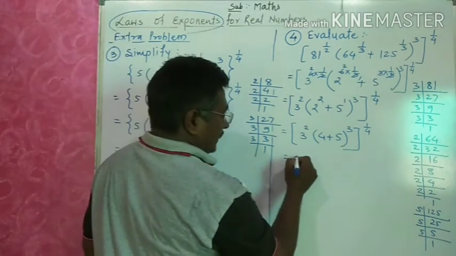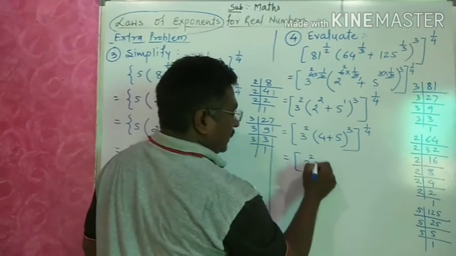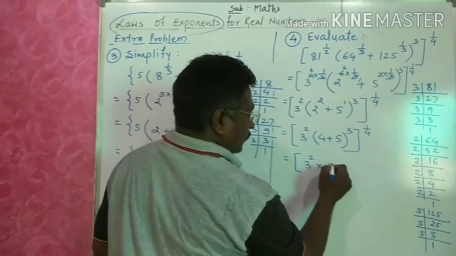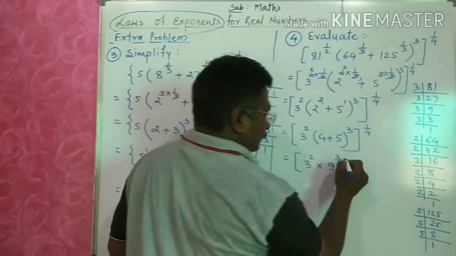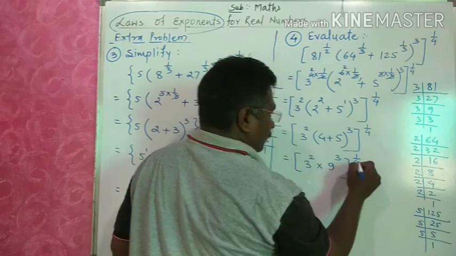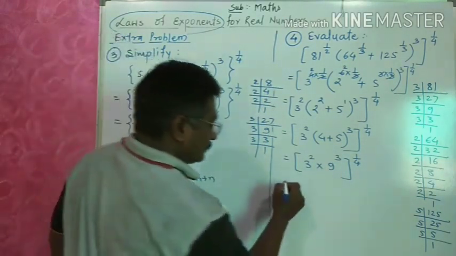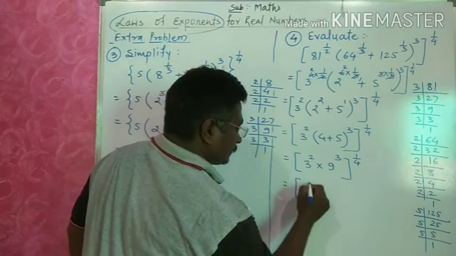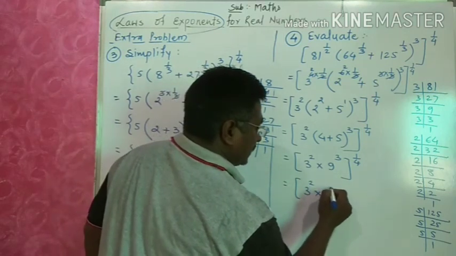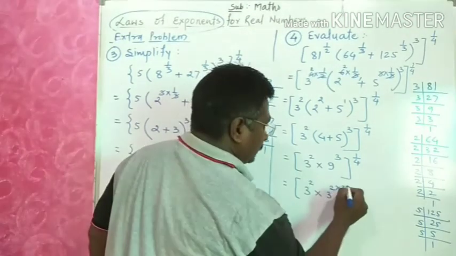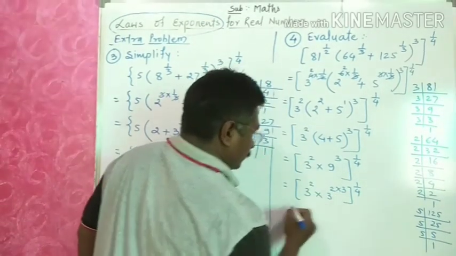So now what will we get? 3 square into 9 cube 1 by 4. So how can we write 9? 3 square. 3 square into 3 1 by 4.